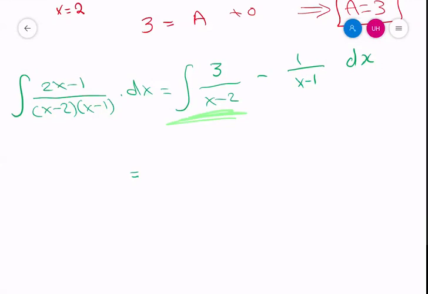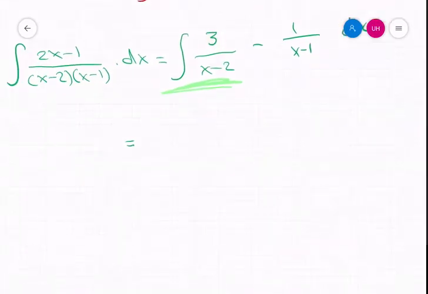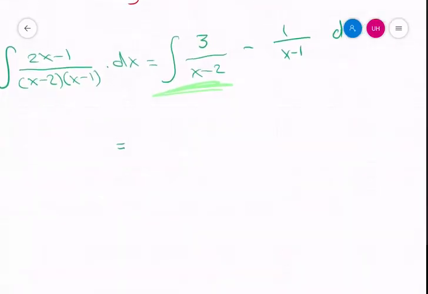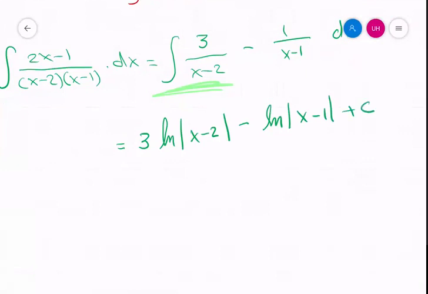Okay, and then 3 ln modulus x minus 2. Excellent. Minus now ln modulus x minus 1. Excellent. Plus c, isn't it? Yes, because there are no limits in the integration. Well done.